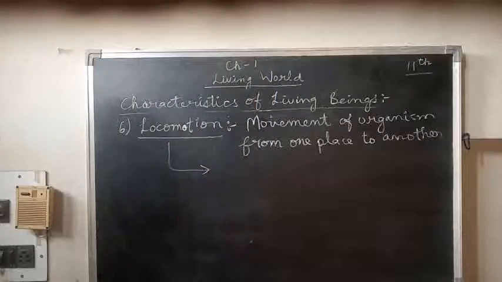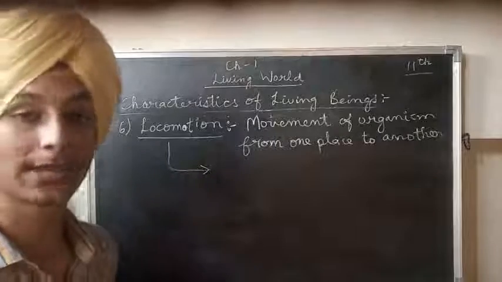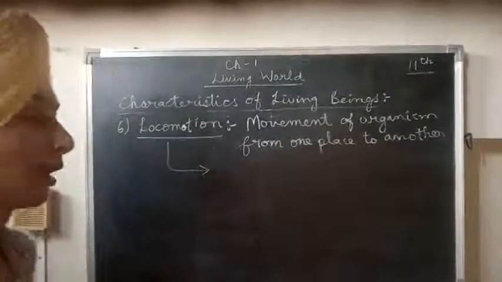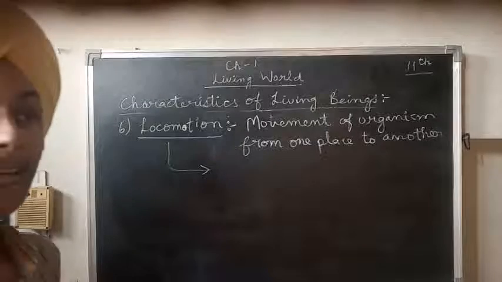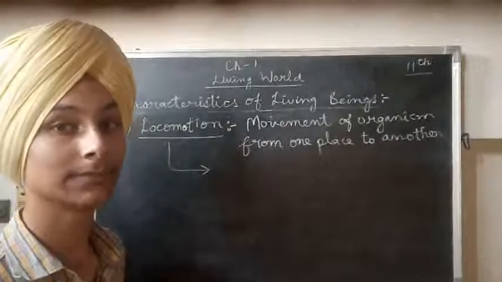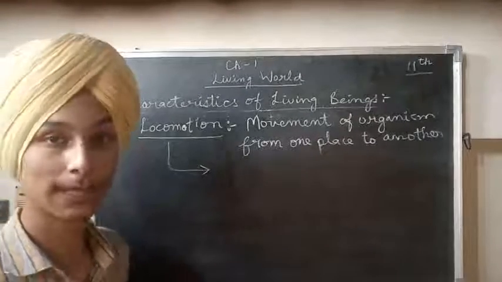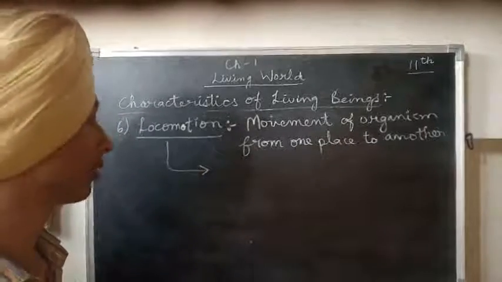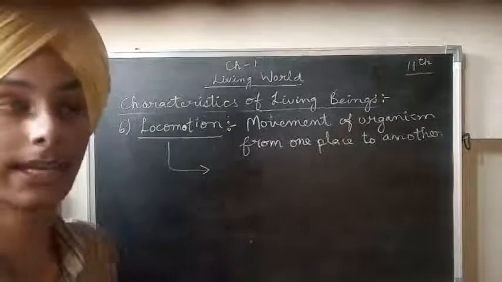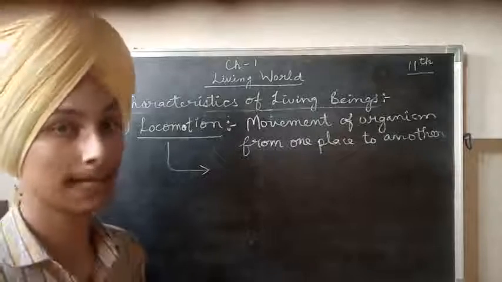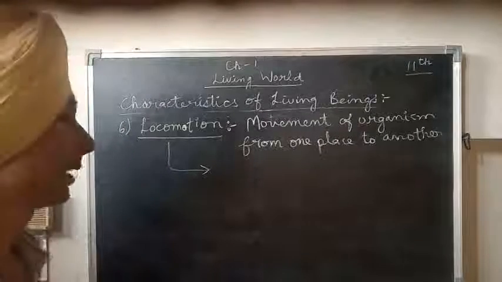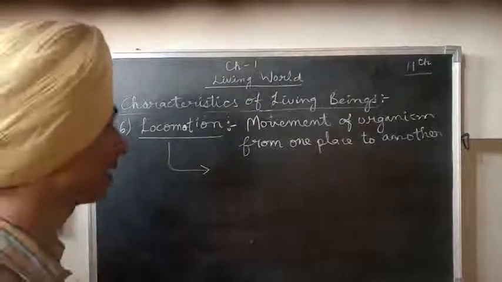Let us check whether locomotion is a defining character or not. Locomotion is not a defining character because it satisfies our second criteria, that all non-living beings lack this character, but it does not satisfy the first criteria, that all living beings possess that character without any exception. But here is a major exception, that is plants.